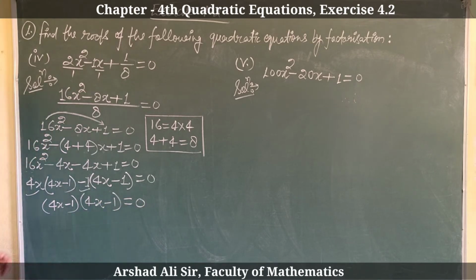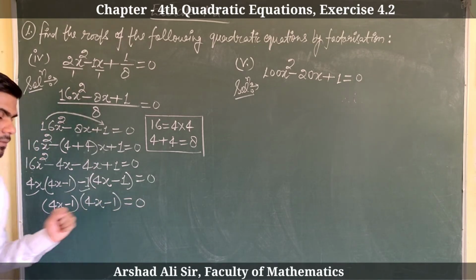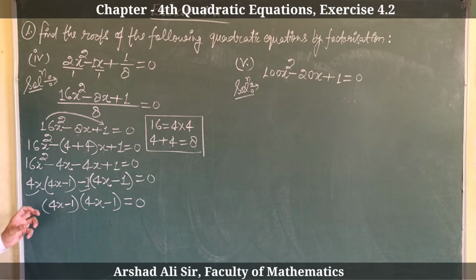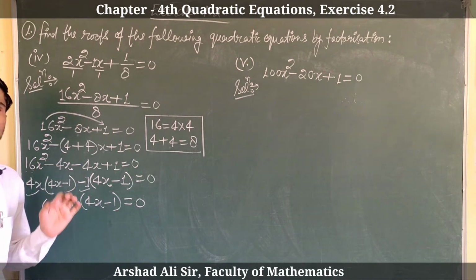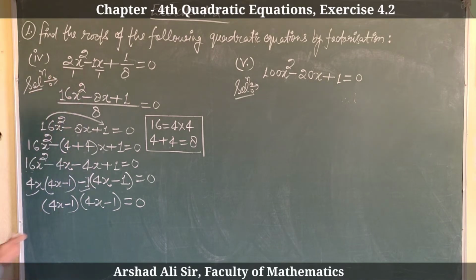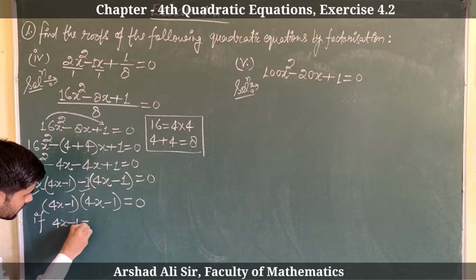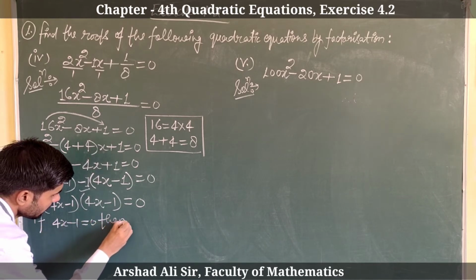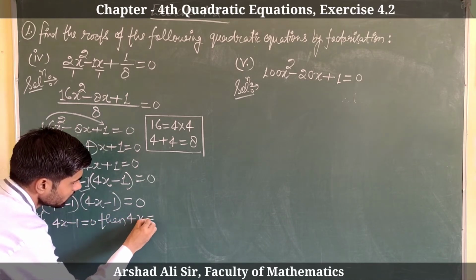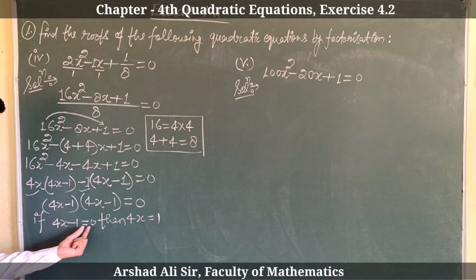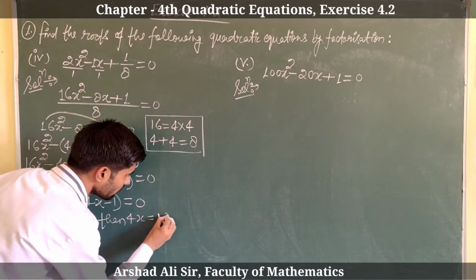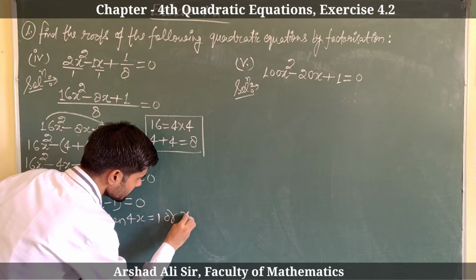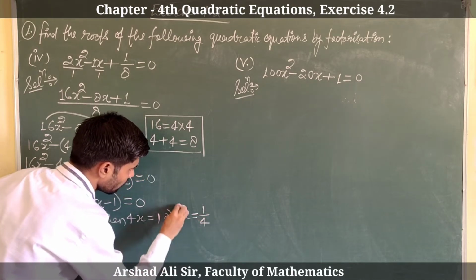In this question both the linear factors are same, so on this basis we can say that we will get the same roots of the quadratic equation. If 4x minus 1 is equal to 0, then 4x is equal to 1, or we can write x is equal to 1 upon 4.